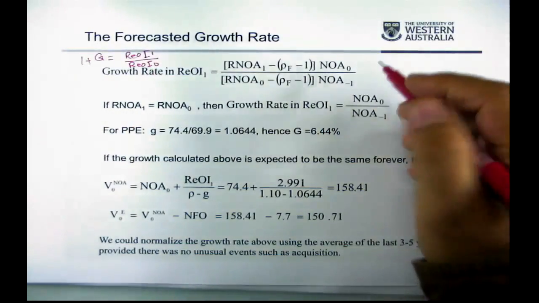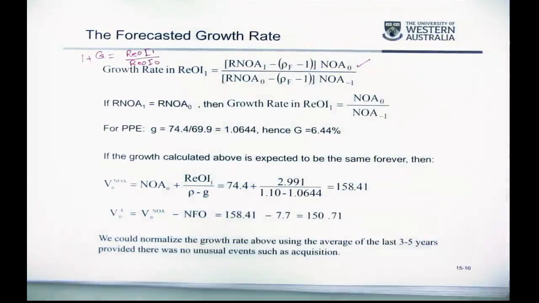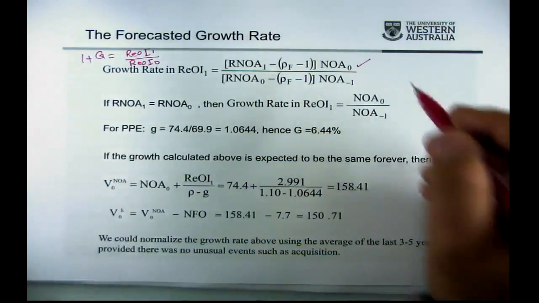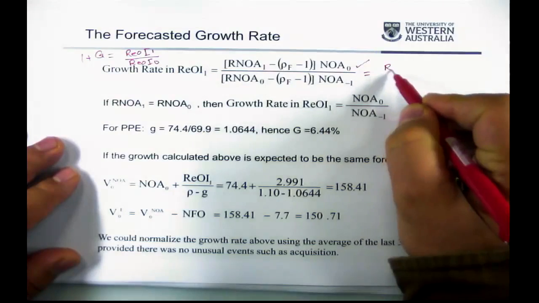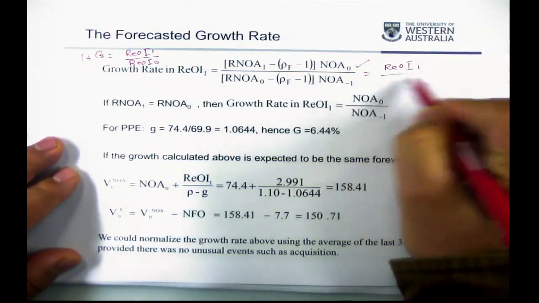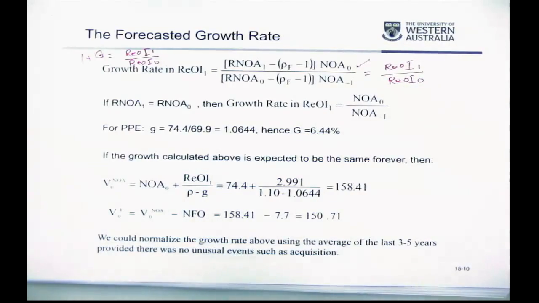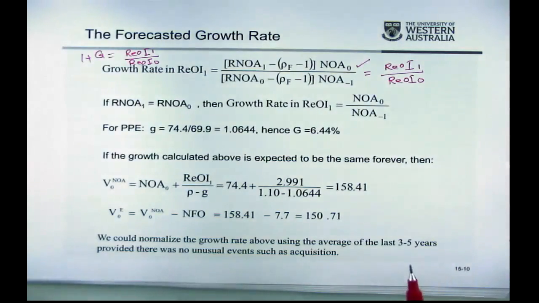So this is the formula. This is the formula for the residual operating income in year 1 here, divided by the residual operating income in year 0. Okay? Make sense?